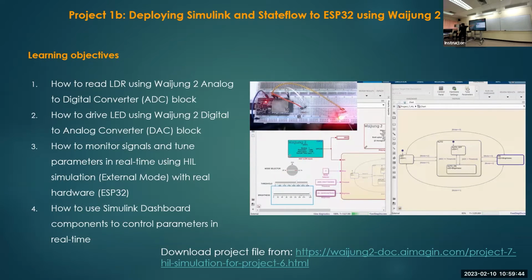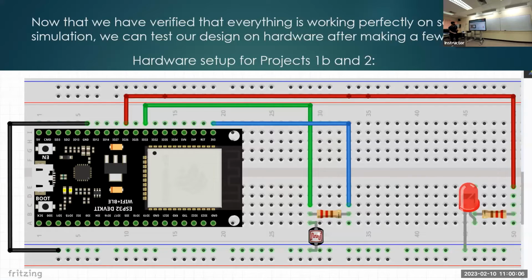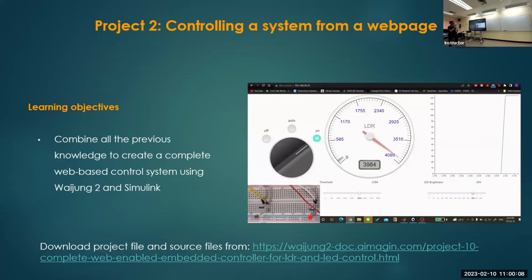So as you can see in this GIF as well, any changes that I make over here, it'll be reflected in real time on the hardware. This is what external mode is. You can monitor and tune parameters in real time from your MATLAB Simulink environment to your hardware. That will be the focus of this project, right? And this will be the hardware setup.